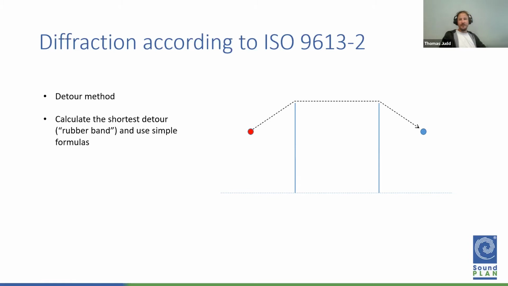And having got that detour around the objects, you then use some simple formulas to work out your diffraction. So this worked well to a first approximation. It should be remembered that the formulas were different for single and multiple diffraction, which could occasionally lead to some funny results going on, but it worked better than nothing, and that's what people went for.